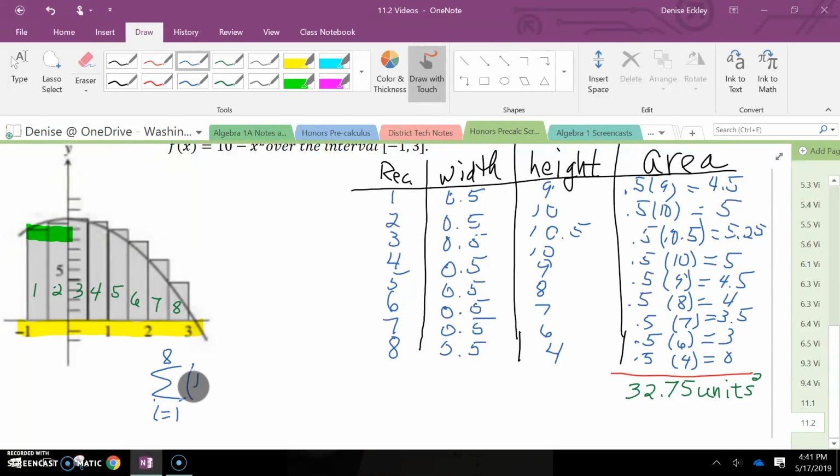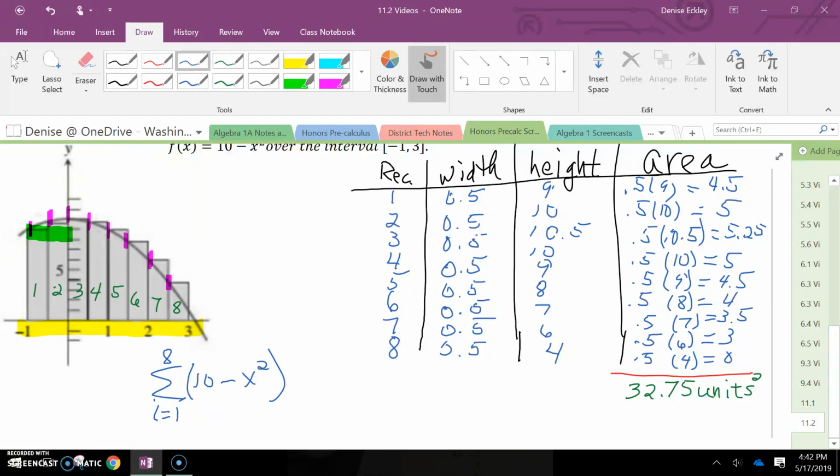I'm going to take the value of the function, because that'll be the height of each rectangle. Because if you notice, every one of those rectangles hits the function at some value. Here, here, here, here, here, and so on and so on. And that's the height of each rectangle. So if I just substitute whatever x value they're at into the equation, it gives me the height of the rectangle.